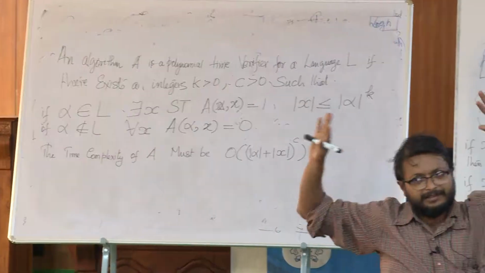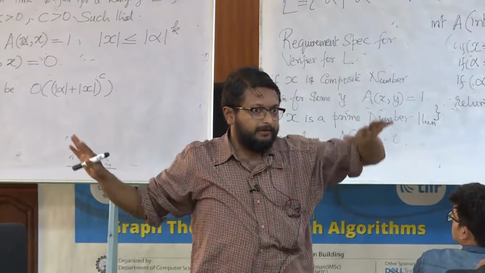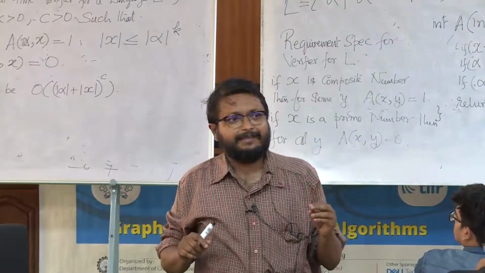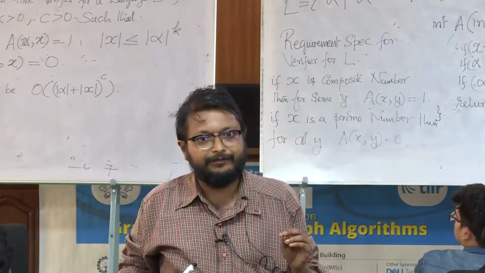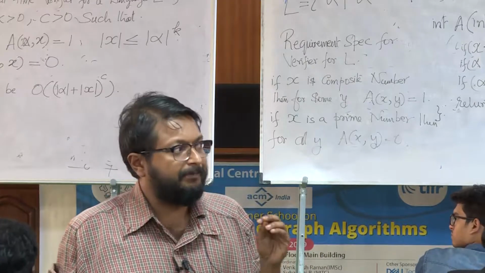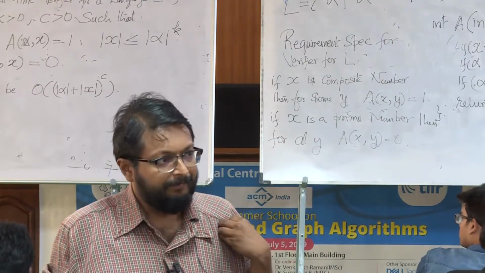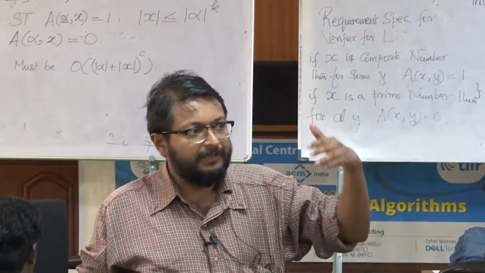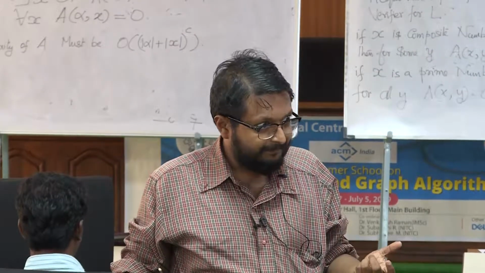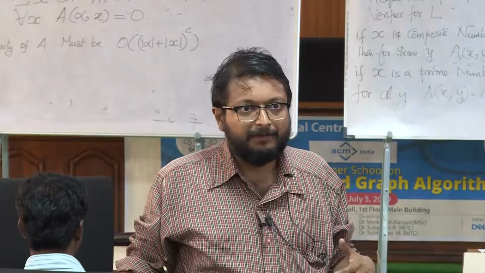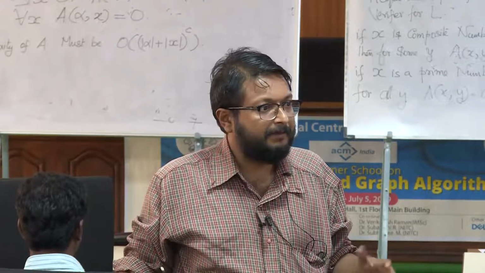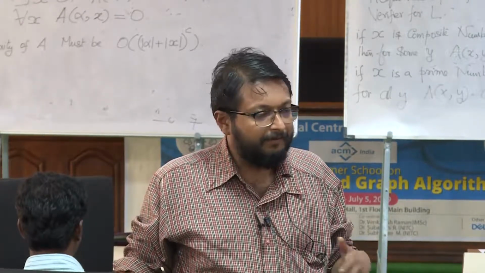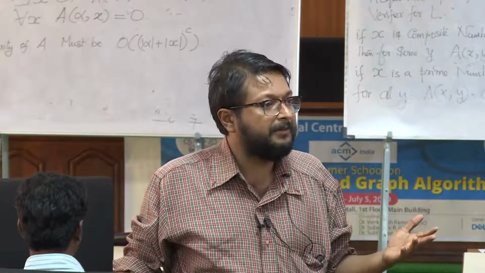For the time being, at least, don't worry too much about this. These are just technical constraints. It's just saying that the verifier is not expected to accept proofs beyond a certain power of the length of the input itself. Similarly, the verifier should not take too much time to run.